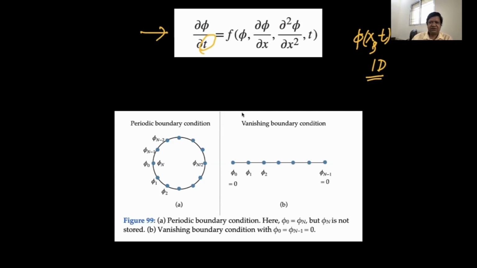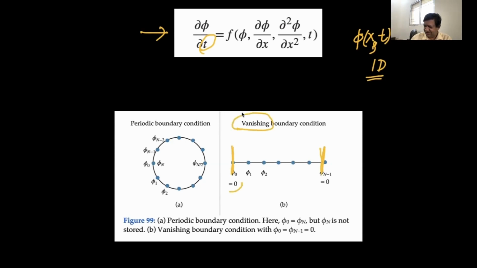The first step in the finite difference scheme is to discretize space. In 1D, let's imagine that my field is 0 at both ends, so it's called a vanishing boundary condition.